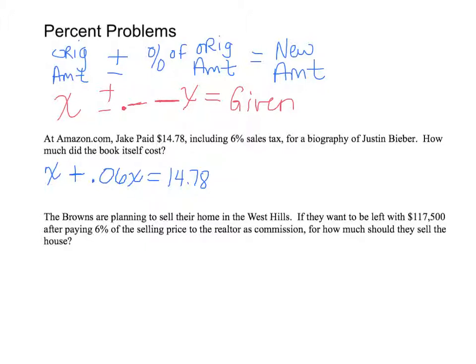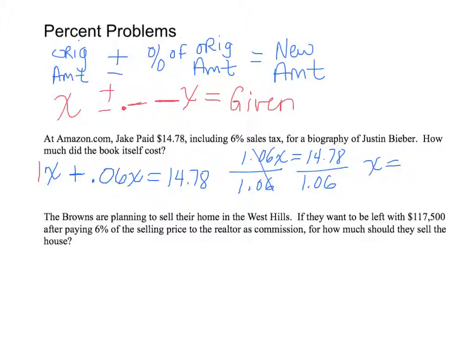I have like terms here, this is really a 1x, right? So 1x plus 0.06x is 1.06x, and that equals 14.78. If I divide by 1.06 on both sides, then I'm going to get x is equal to 14.78 divided by 1.06.